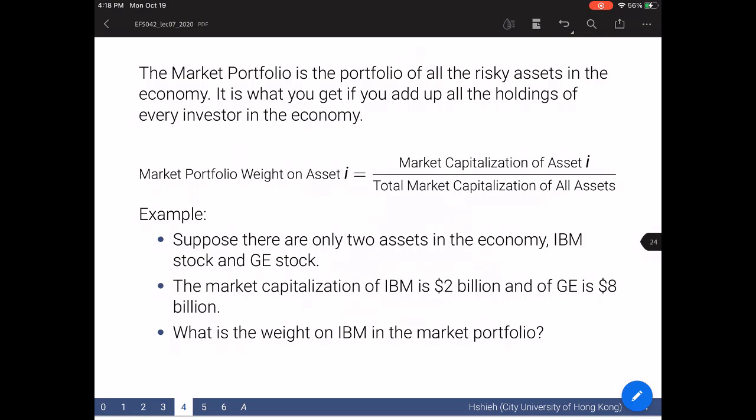All right, so let's go over this example. Suppose there are only two assets in the economy, IBM and GE stock. The market cap of IBM is $2 billion and GE is $8 billion. So what is the weight on IBM in the market portfolio? That's quite easy.